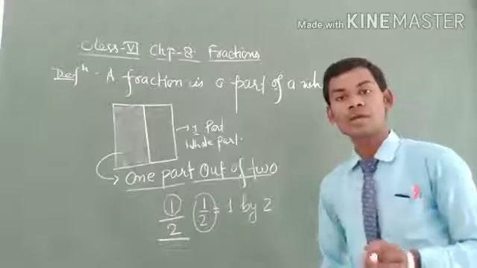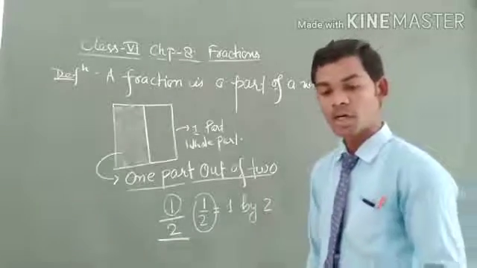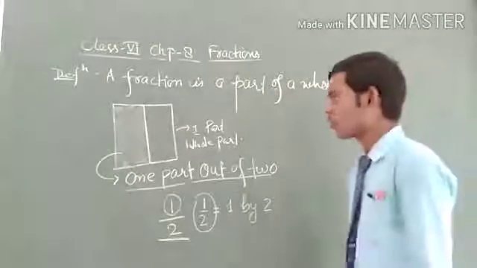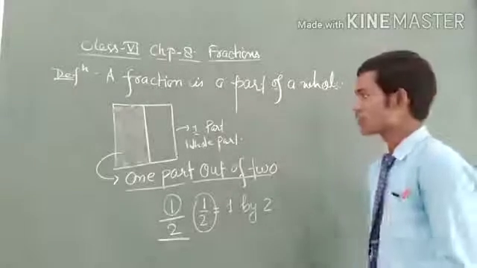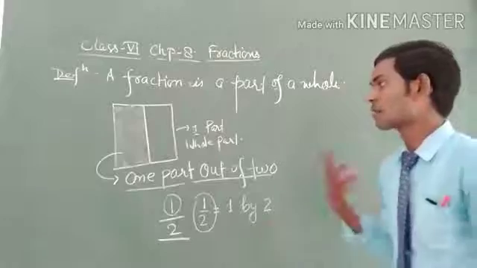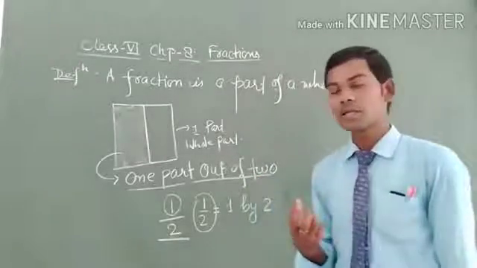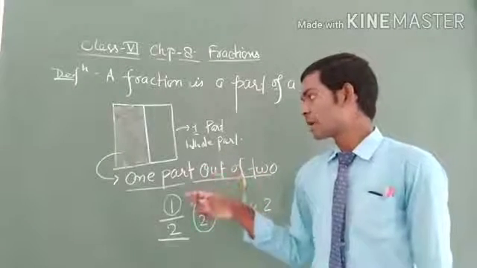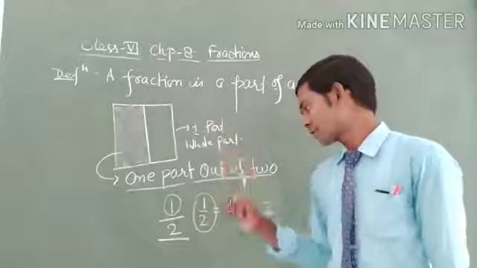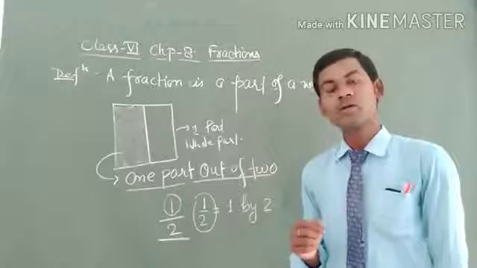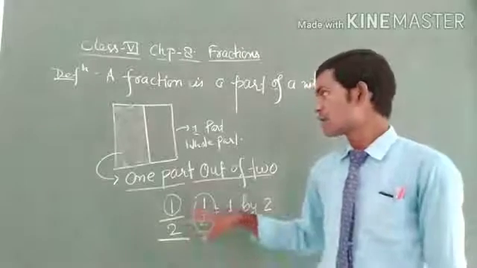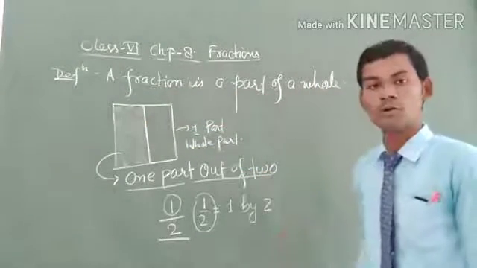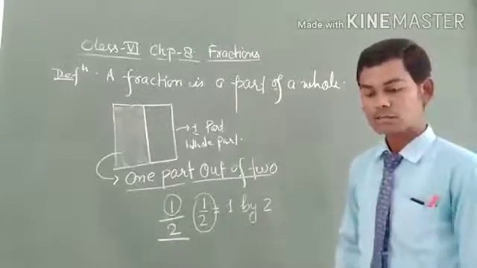When a whole object is cut into a number of equal parts, the fraction describes how many parts of the whole are to be considered. So if I divide the square into two equal parts and take one part out of two parts, then the fraction is considered as 1 upon 2. So we define a fraction as a part of a whole. I hope you get it.